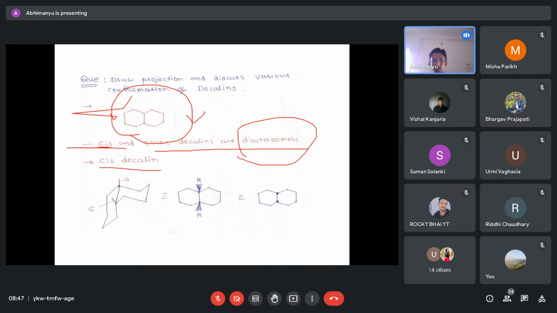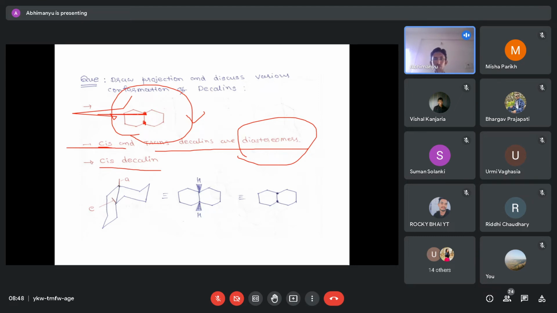What is the meaning of cis decalins? You have to focus on these 2 points, the first carbon and the other carbon, the carbons at which both cyclohexane rings are joined. According to that, the structures are divided into cis decalin as well as trans decalins.